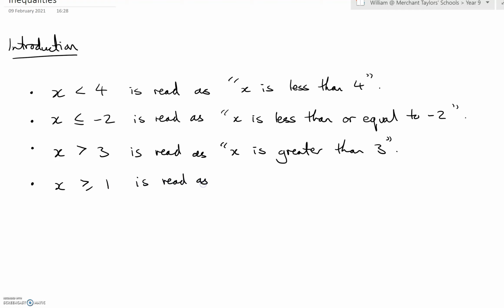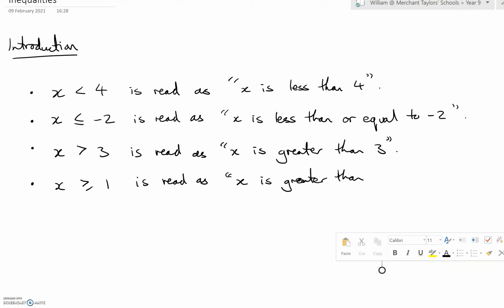So this is read as x is greater than or equal to, in this case 1, because we've got this little line underneath.